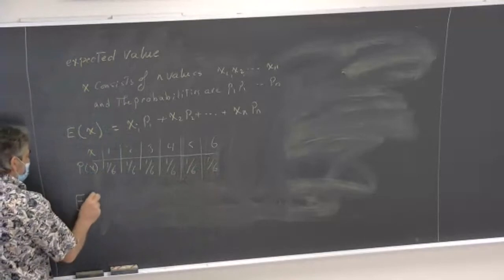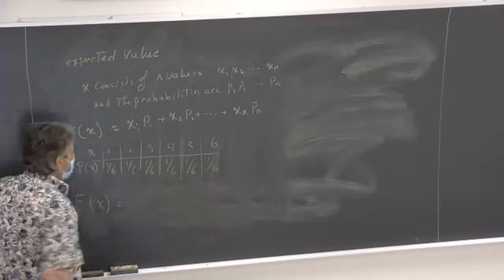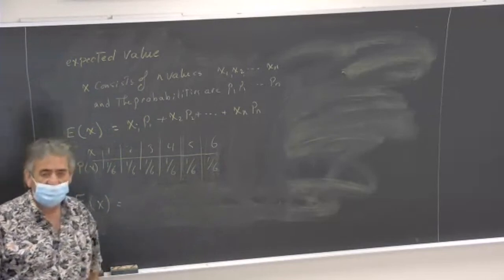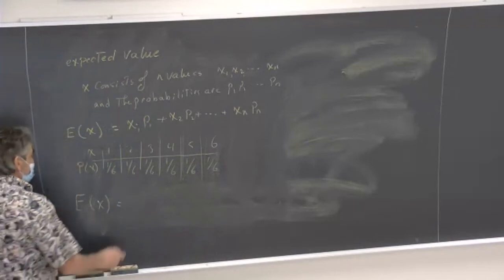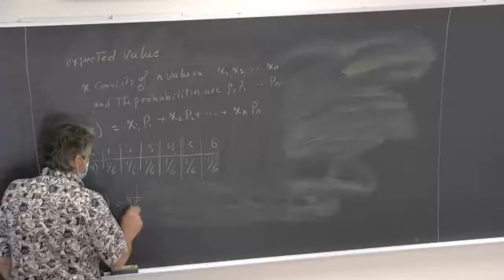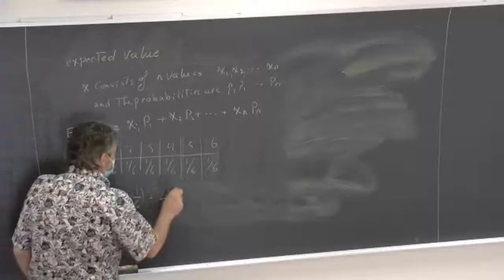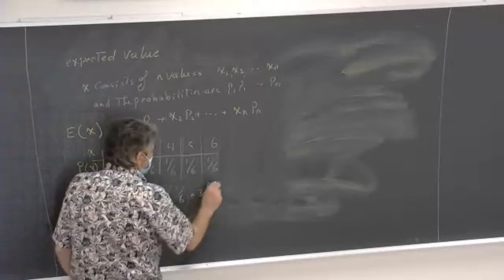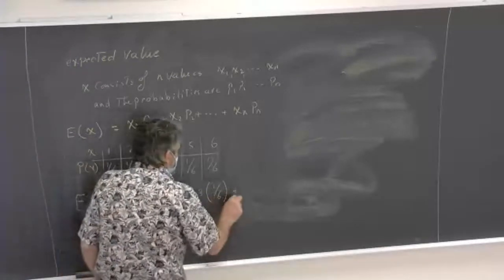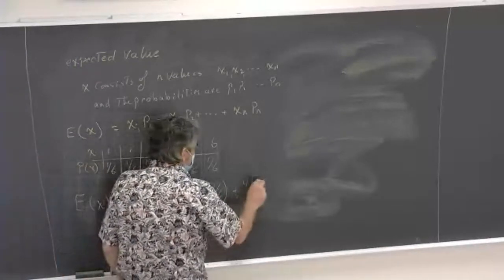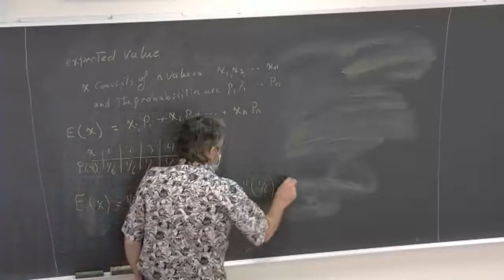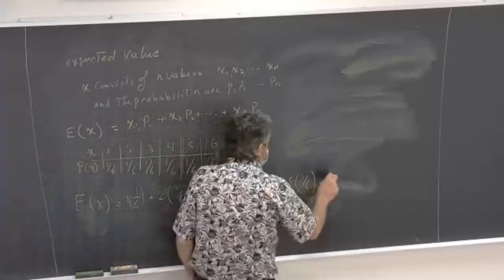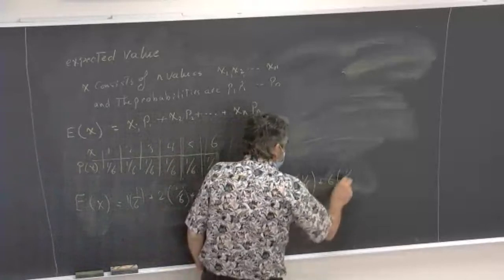So the expected value of x would be taking the value for x and multiplying it by its probability. So that will be 1 times 1/6, plus 2 times 1/6, plus 3 times 1/6, plus 4 times 1/6, plus 5 times 1/6, plus 6 times 1/6.